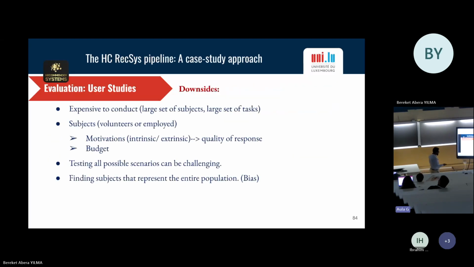It's great, but user studies also have some downsides. Of course, it can be expensive to conduct depending on how much budget you're willing to spend. And users usually are motivated by different things, especially when you recruit participants. If you use crowdsourcing platforms like Prolific or Mechanical Turk, there are different motivations for the users to participate in your study. They just come here to collect the money, or they are honestly trying to evaluate the RecSys that you developed.